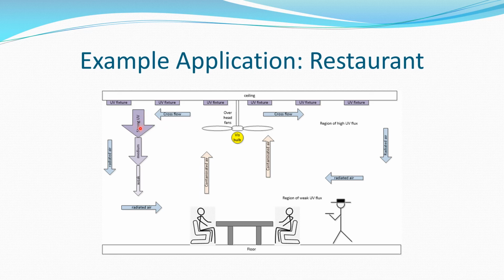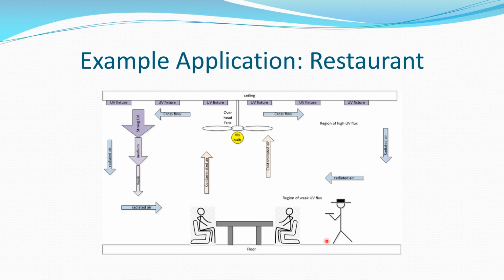So it's strong up here at the top and slowly diminishes as it gets closer to the floor. And we calibrate the UV lamps so that the short-term occupants, meaning the restaurant customers here having a meal, do not exceed the NIOSH standard for germicidal UV exposure.